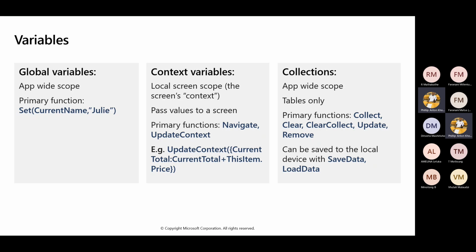So if you want to have an array of information, for instance, maybe I want to save information. Let's say I'm doing some sort of calculations, and I want to save all those calculations within the app before saving them to a data source.